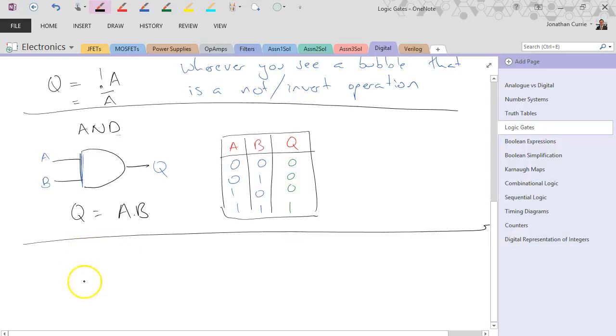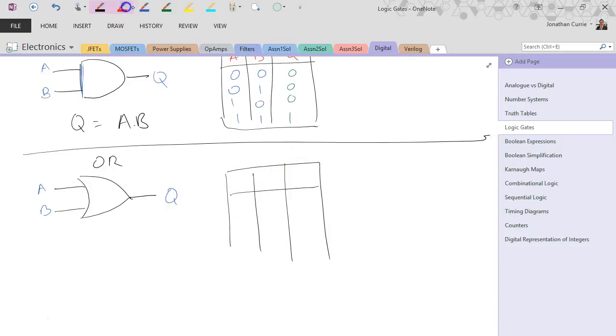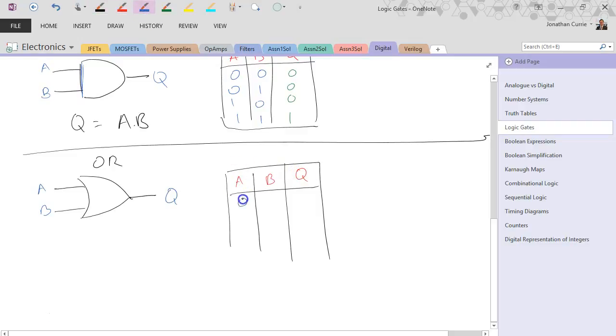The multiplication or a dot in Boolean means it is an AND operation. The next one we have is the OR gate, also having 2 inputs and 1 output. A, B, and Q. Our truth table will also have 4 rows: 0 0, 0 1, 1 0, 1 1.